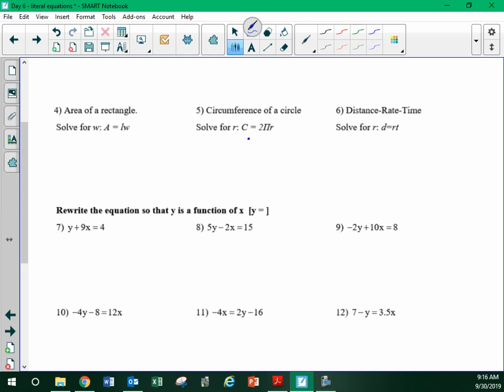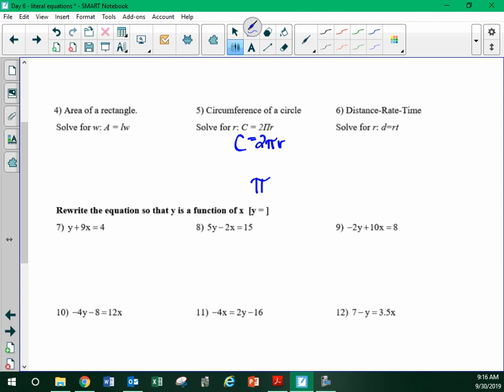This is 2 times pi times r. It's not a double I. Pi is a Greek letter. It represents 3.14159 and so on. So treat this just like any other letter, but I want you to know it's not I. It's a single thing called pi.